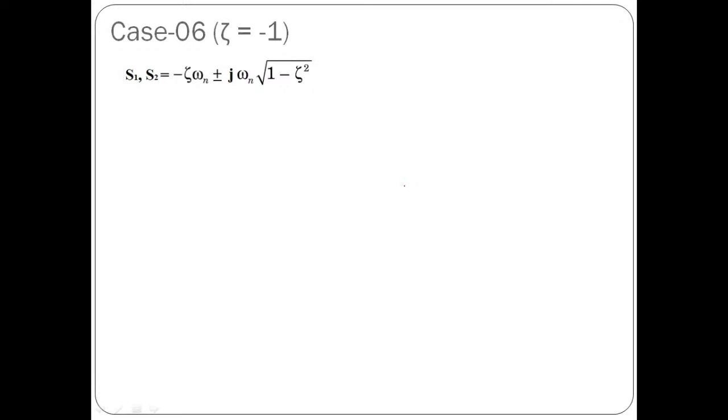Again, if you try to find out the nature of roots of the characteristic equation, put zeta equals -1, this particular term is going to be positive, and if you put zeta equals -1, this particular term is going to be 0. So here the roots are real, equal, and positive.